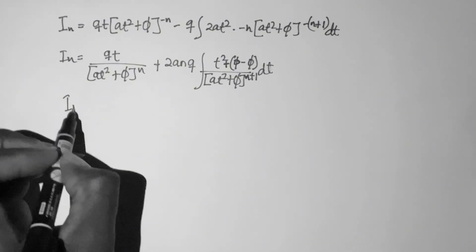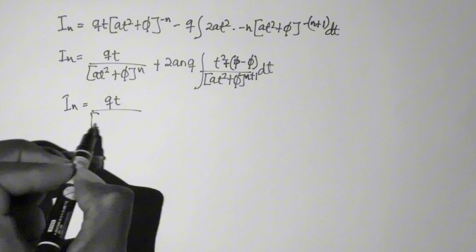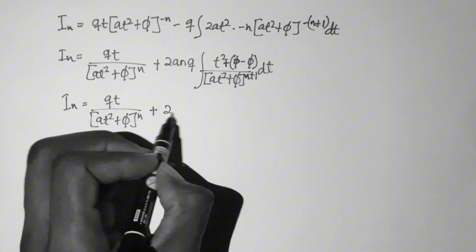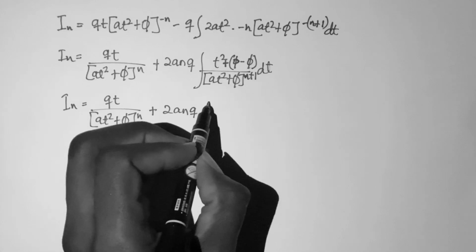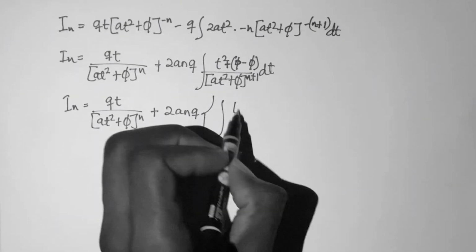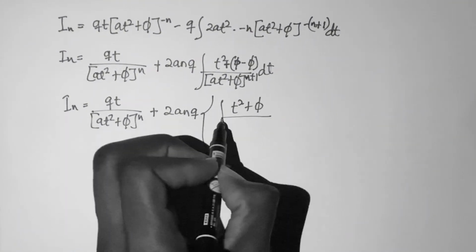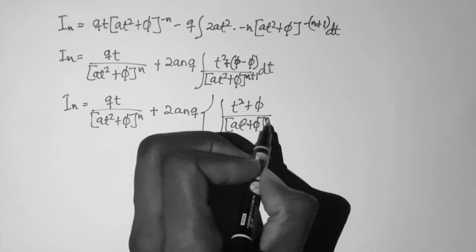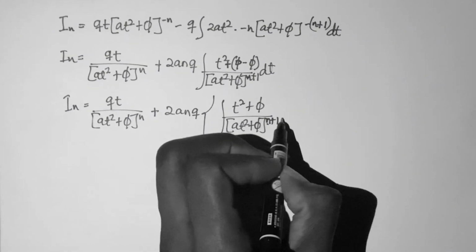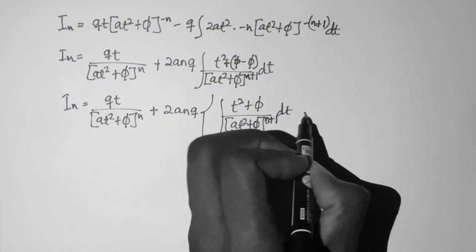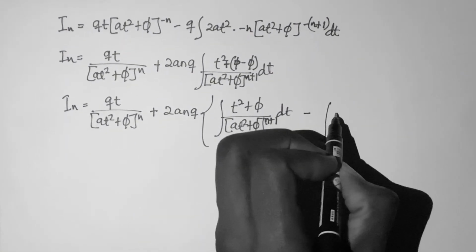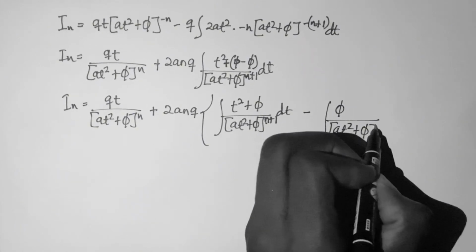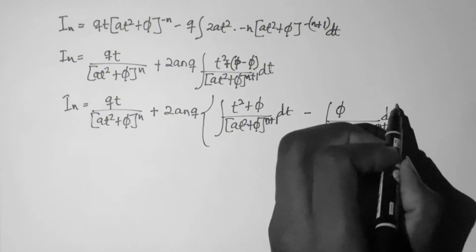This can be written as I of n equals qt divided by (at squared plus phi) exponent n, and plus 2an q, then I want to bring a bracket, integral of (t squared plus phi) divided by (at squared plus phi) exponent n plus 1 dt, and then minus integral of phi divided by (at squared plus phi) exponent n plus 1 dt, bracket close.